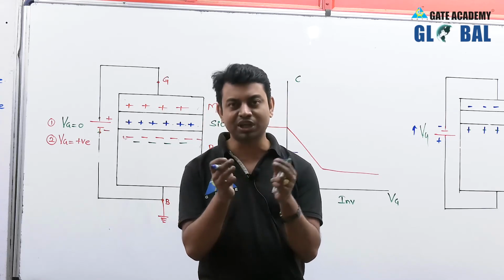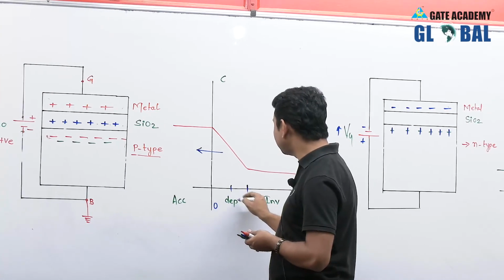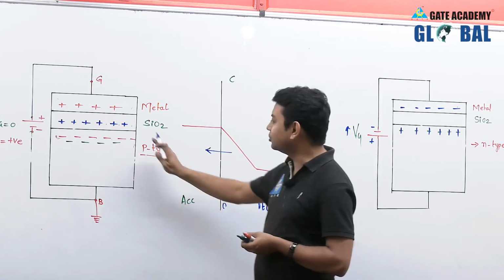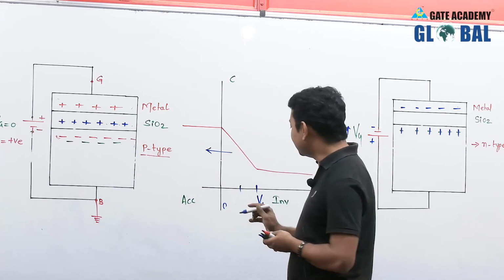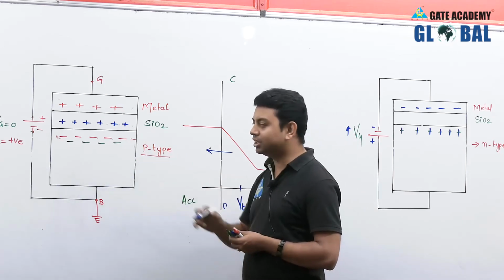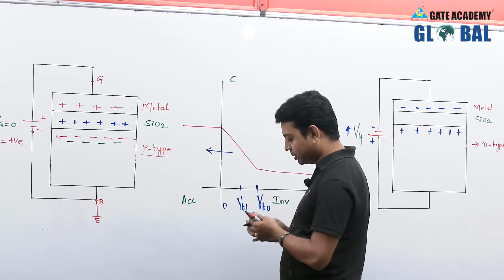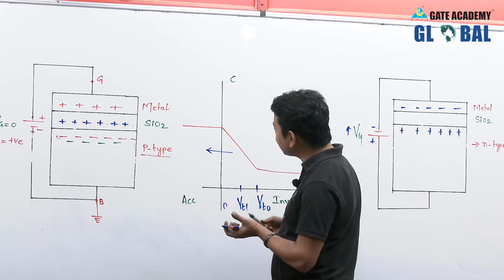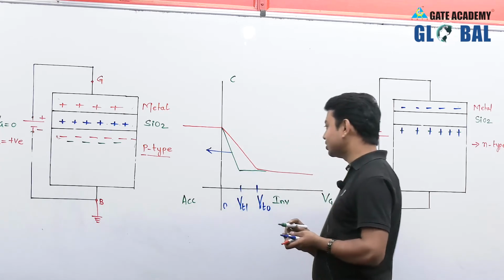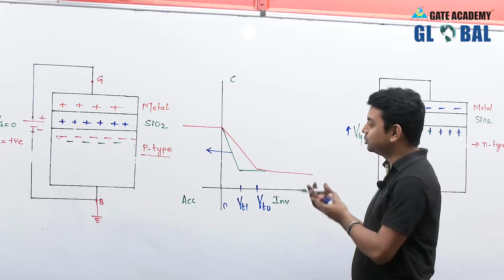So the threshold voltage is reduced: this is the old threshold voltage without positive charges in the silicon dioxide, and this is the new threshold voltage when we have positive charges in the silicon dioxide. So this particular characteristic is now having this type of characteristic. This is one way by which we can analyze this.